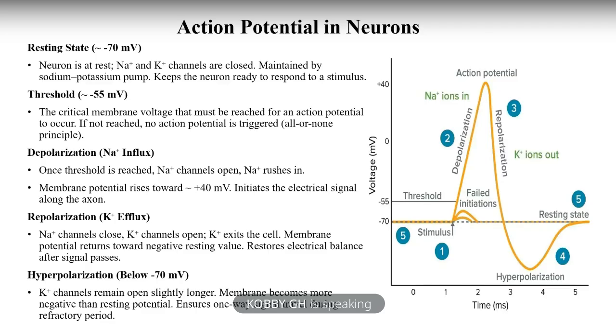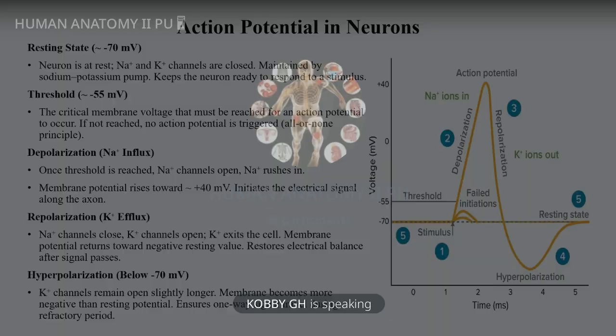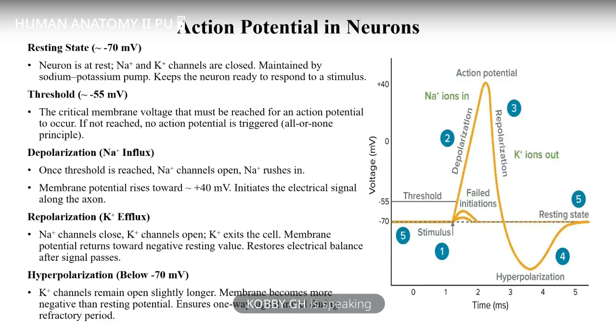For depolarization to occur, the sodium that is outside has to move inside the neuron, and the potassium inside moves outside. Then the depolarization occurs until the neuron reaches the peak at positive 40 millivolts. Then the cell has to come back to rest through a process called repolarization. But there's something unique about the repolarization.